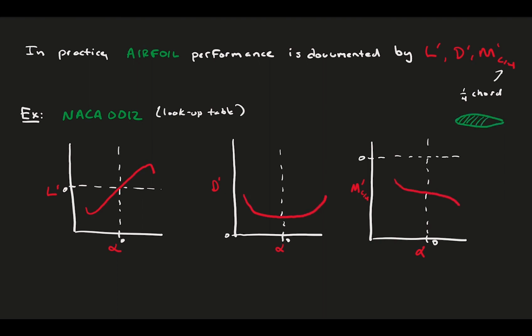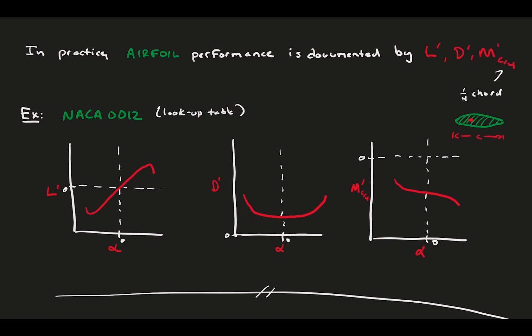They would look something like this. Now, you look at these charts, figure out what angle you plan to be at and what flow velocity, and now you know what forces and moment per unit span to expect. These ultimately tell you how much weight you can carry, how much thrust you will need, and where to put other lifting surfaces to counter this moment.